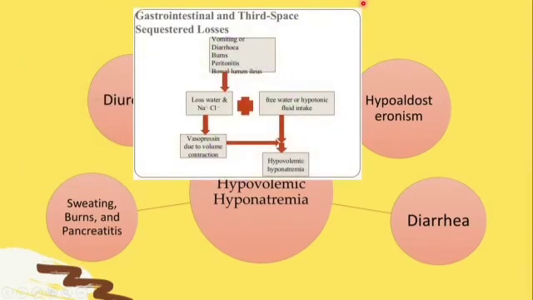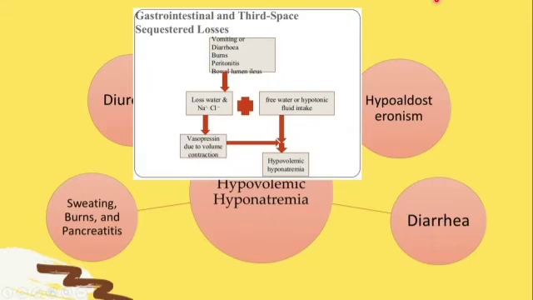Vomiting can also cause hypovolemic hyponatremia by losing water while vomiting and losing acids also. The loss of water leads to hypovolemia, and the loss of acids leads to a compensatory mechanism of the kidneys by secreting bicarbonate in the form of sodium bicarbonate, leading to sodium loss, or natriuresis.